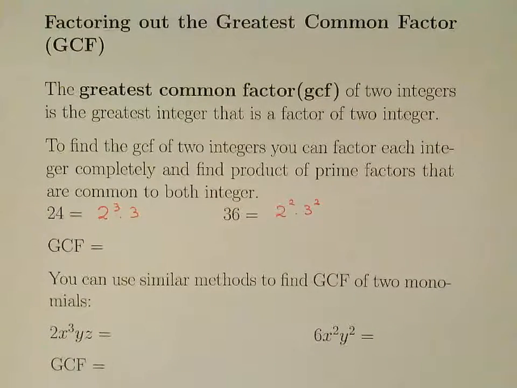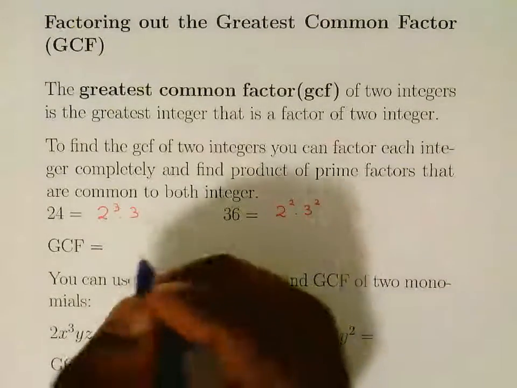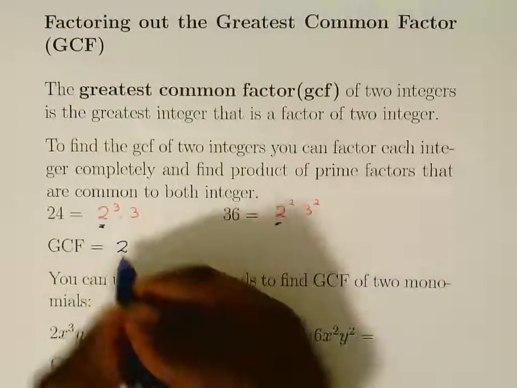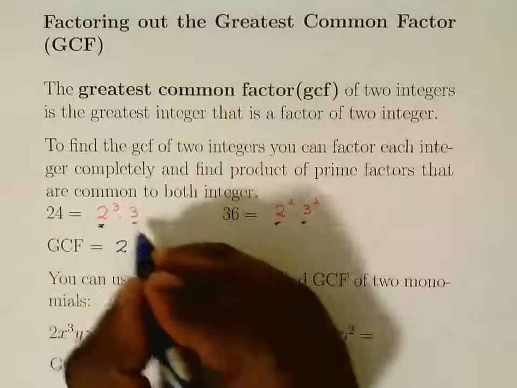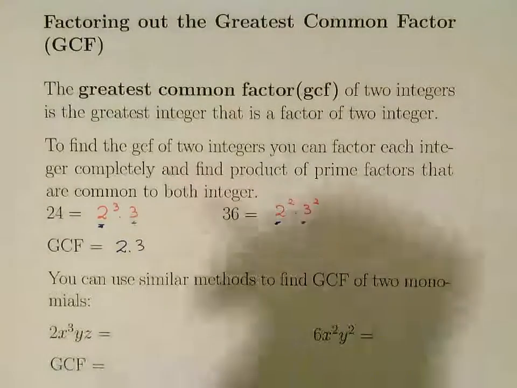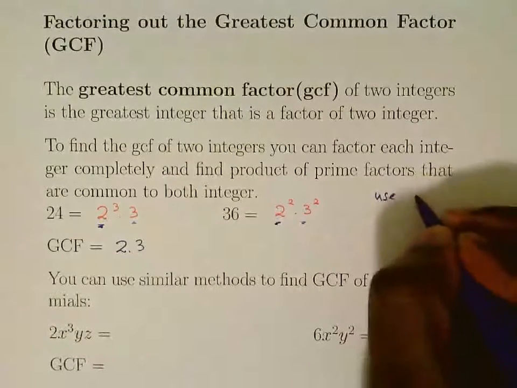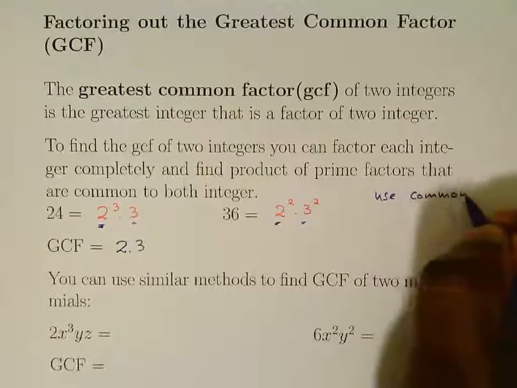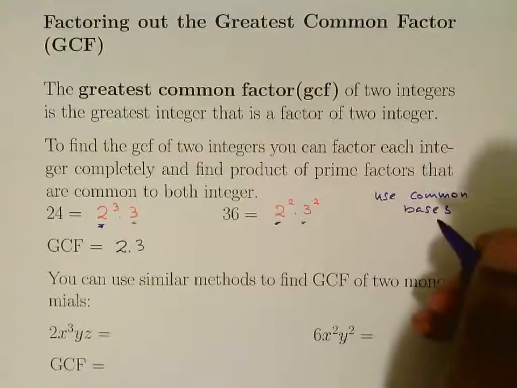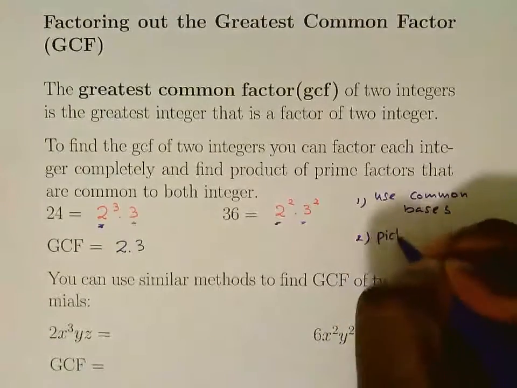So when you pick the greatest common factor, it should be the common factor. So the bases should be common. 3 is a common base, and 2 is a common base. Do not write bases that are not common. But we also have to pick the exponents: pick the least exponent.